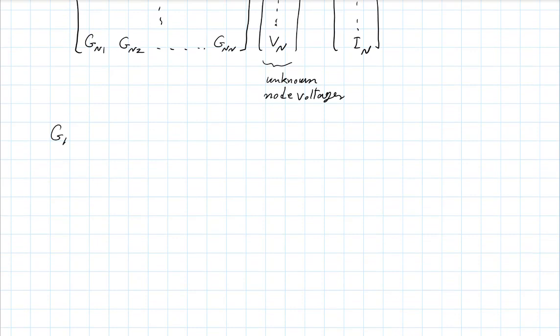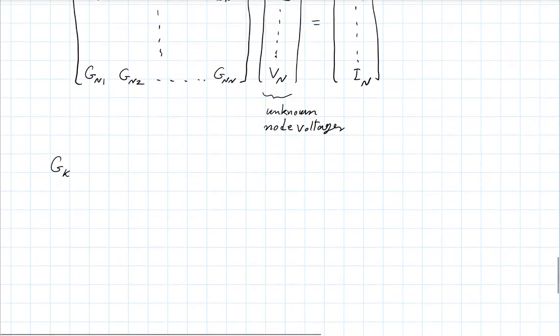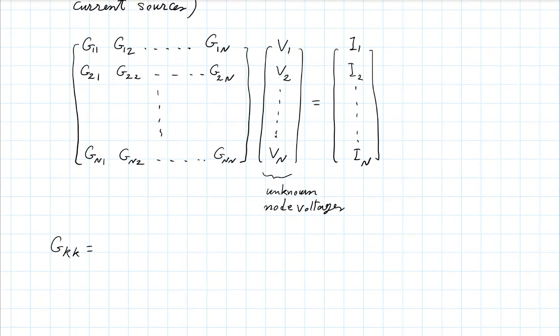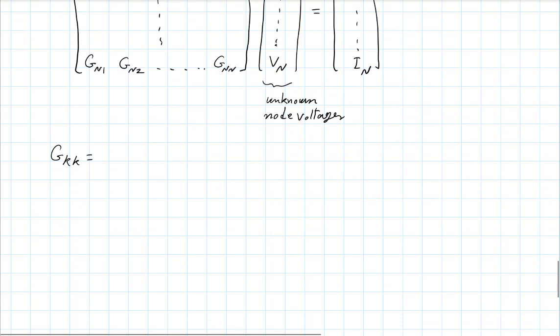GKK, or maybe let's say, I don't want to use I, so GKK would be the sum of the conductances connected to node K. So G11, for instance, would be the sum of the conductances connected to node 1. So all the resistors connected to node 1, the inverse of each of those is the conductance for each of those. And so the sum of those would be GKK.